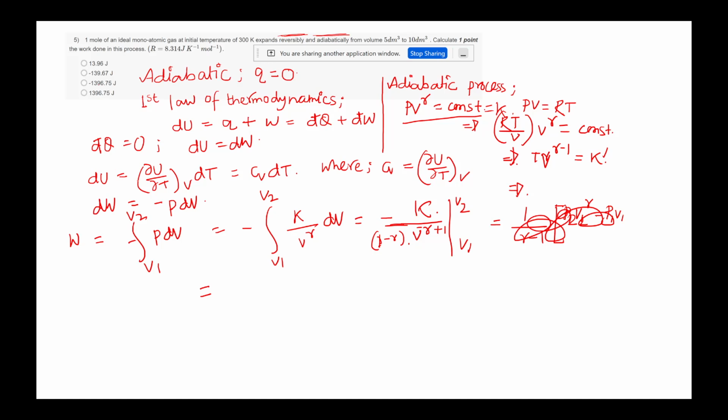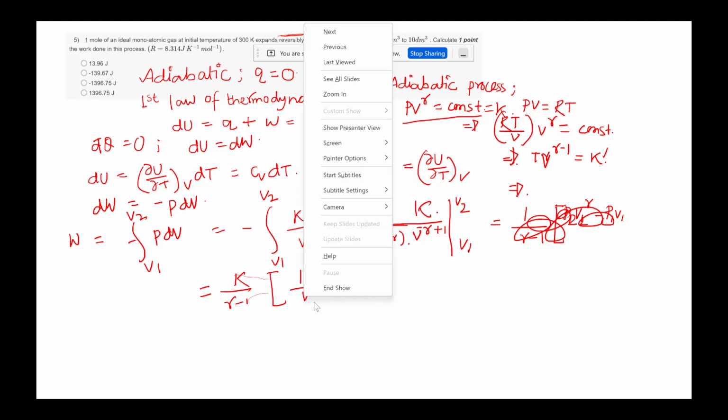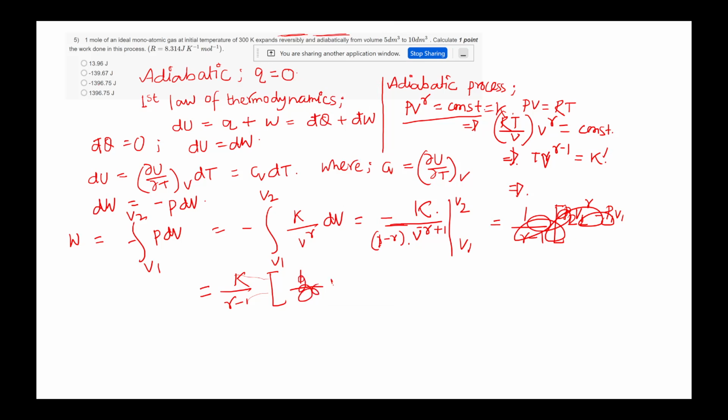I have to write it as 1 by gamma minus 1, there will be K, times V2^(1 minus gamma) minus V1^(1 minus gamma), and we can write K as P1 V1^gamma is equal to P2 V2^gamma.